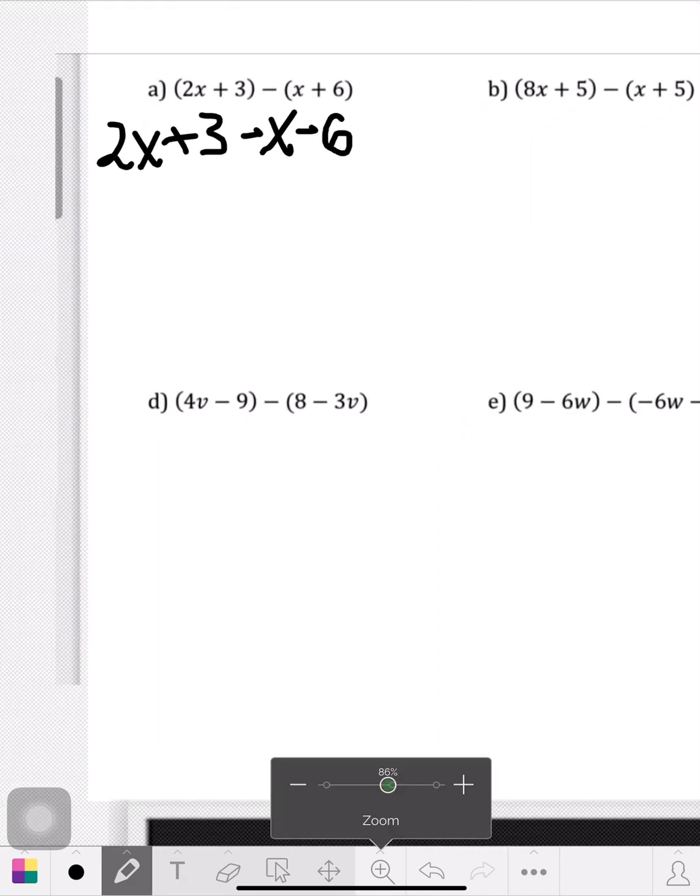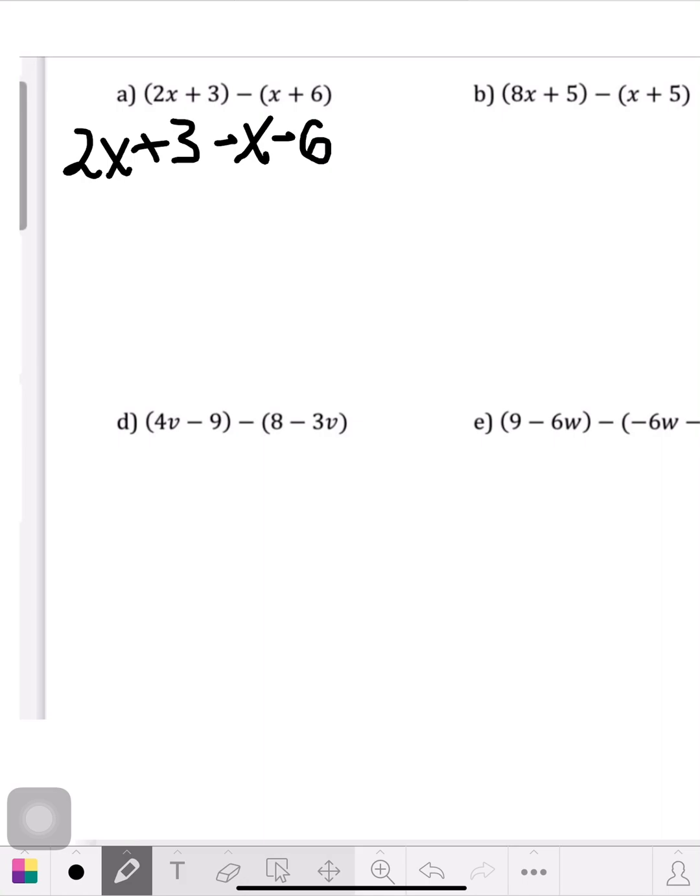Now we combine like terms. We'll start from left to right. 2x minus 1x is x. Now we have a positive 3 minus 6. What you can do here is write a simple T block on your side paper, with a negative and a positive side.